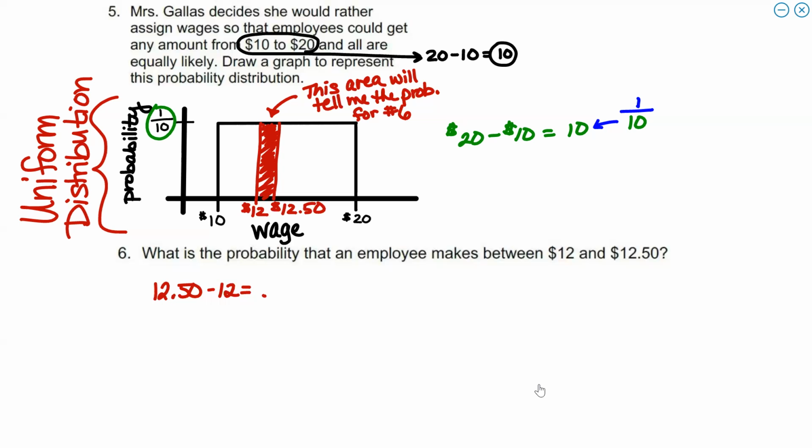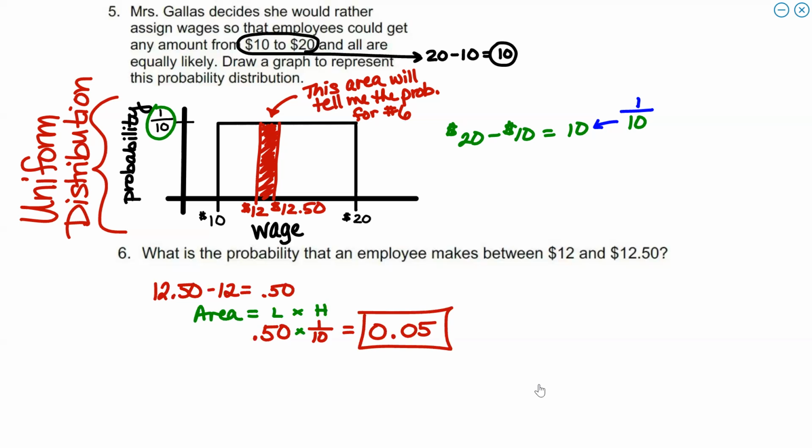So I get 0.50. 0.50 would be like my length, times my height. How tall is that? 1/10. Multiply those together. So what? 0.05.